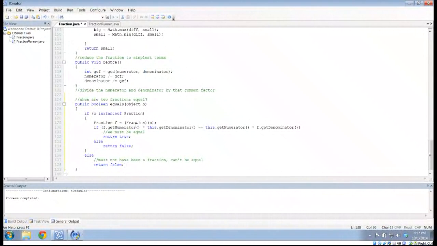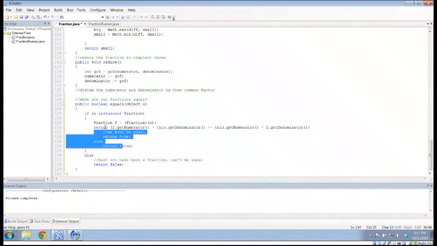I can write this a little bit shorter instead of actually testing this, because this is a Boolean expression. I can just say to return the result of that, in which case I don't need this stuff here.